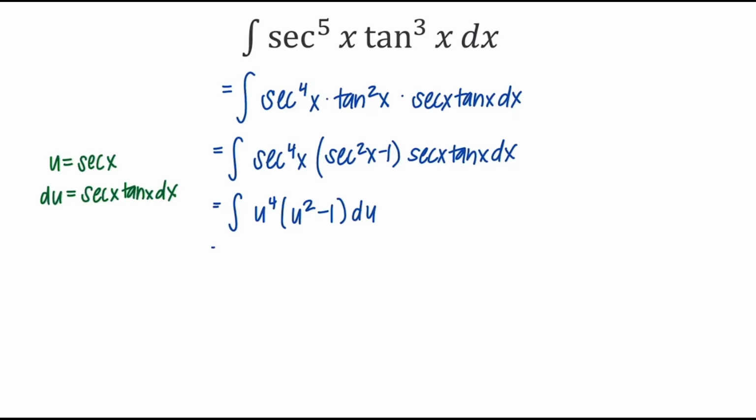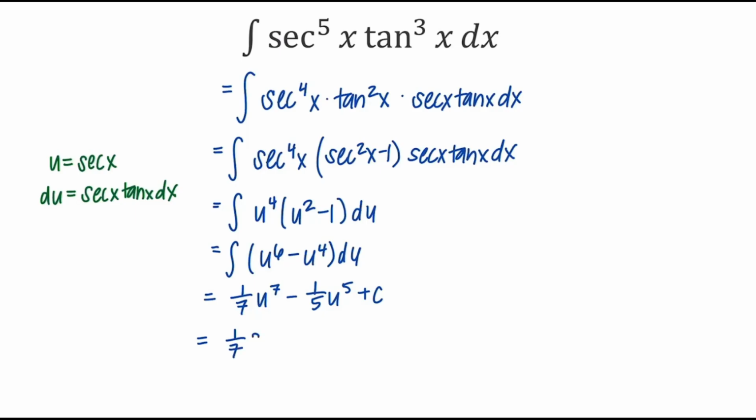We distribute the u to the 4th, so we're integrating u to the 6th minus u to the 4th du, or 1/7 u to the 7th minus 1/5 u to the 5th plus c. And then substitute secant back in: 1/7 secant to the 7th x minus 1/5 secant to the 5th x plus c.